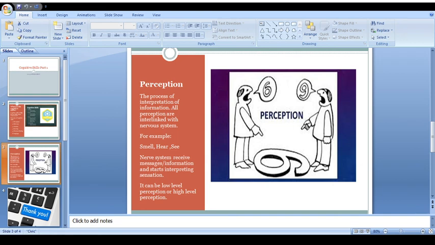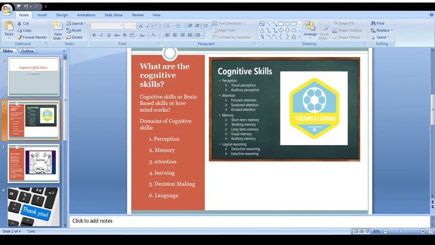So friends, this is cognitive skills, and we discussed perception, and I hope you understood and enjoyed it. In the next part I'll be talking about another domain, memory, and how it's interlinked with perception.